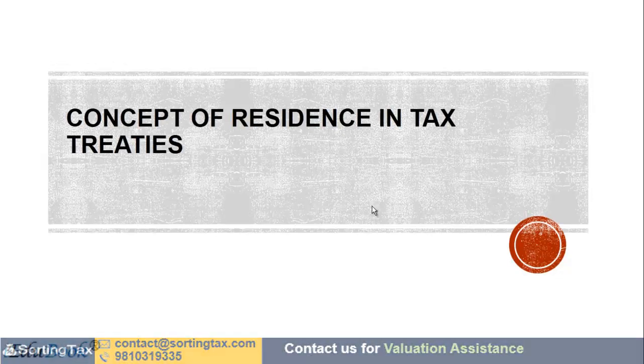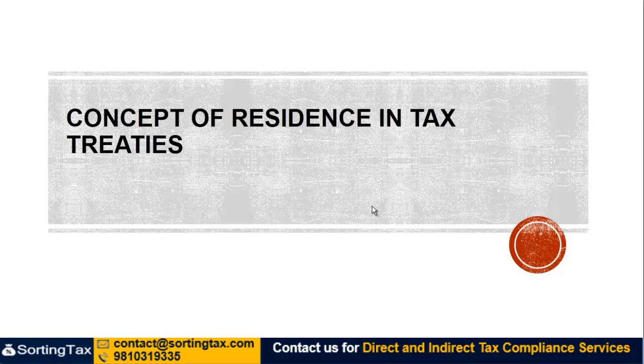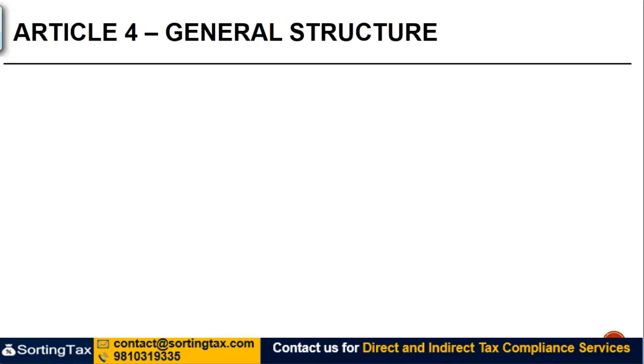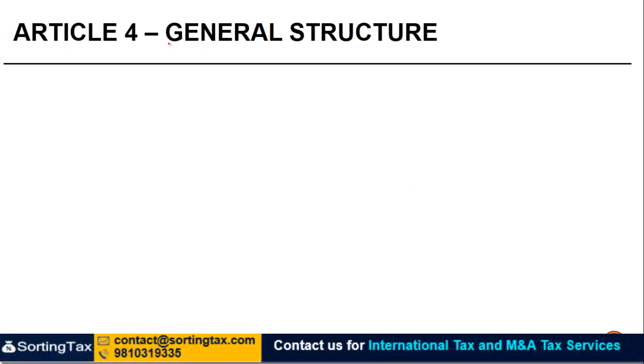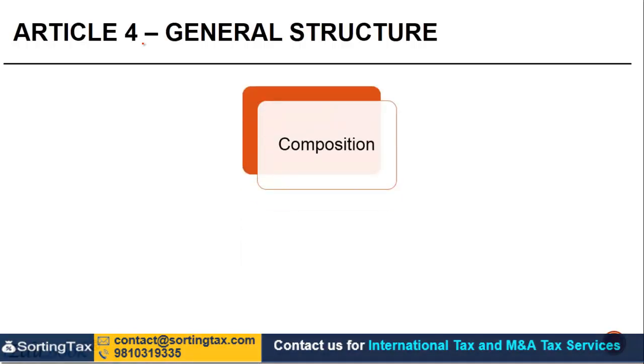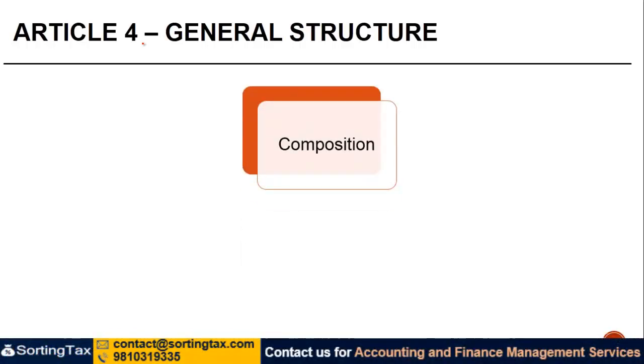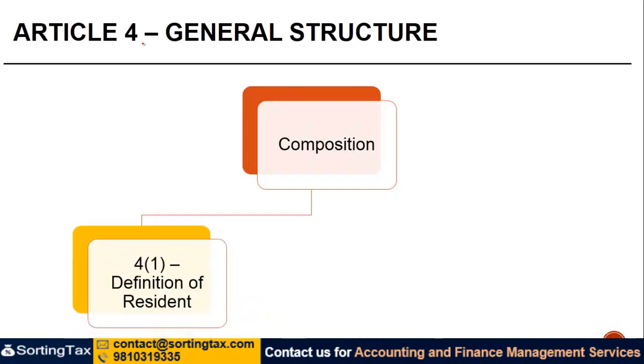So therefore arises the question, how do you determine the concept of residence in tax treaties? Like I said, the concept of residence is generally covered in Article 4. While over the years, various countries have designed various clauses, typically, if you look at Article 4, the composition of Article 4 is divided into 3 clauses.